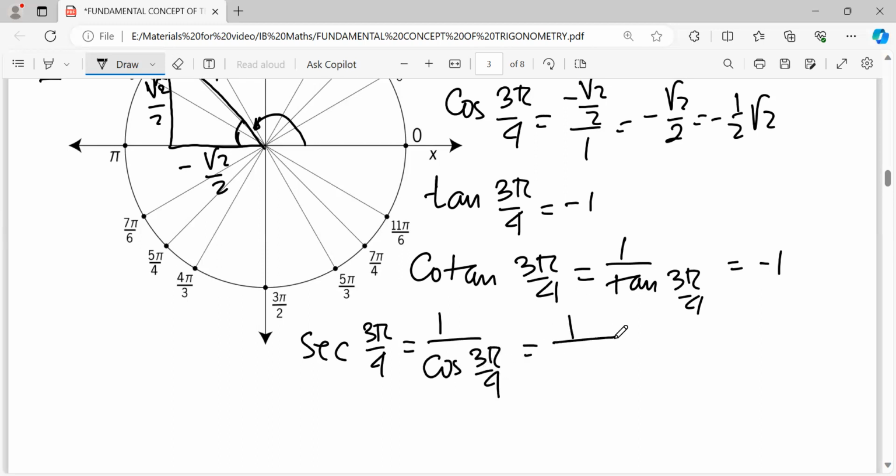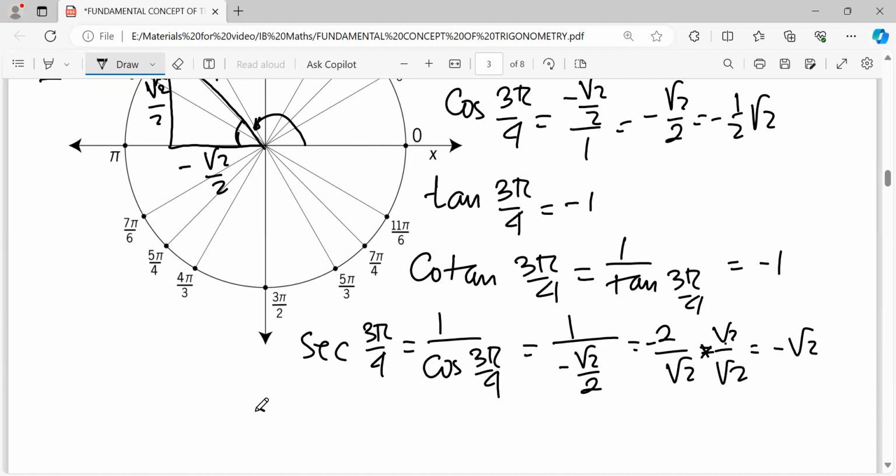It becomes 1 over minus square root 2 over 2, or minus 2 over square root 2, or if you multiply by square root 2 over square root 2, it's going to be negative square root 2. Okay.